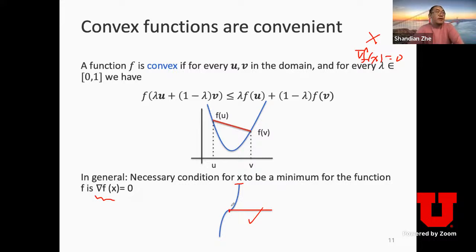Unfortunately, this is not a minimum. It's actually neither a minimum nor a maximum. So gradient being 0 is just the necessary condition for finding the minimum, but it's not sufficient. You can't conclude that when you have a 0 gradient, you have found the minimum. That's not correct.